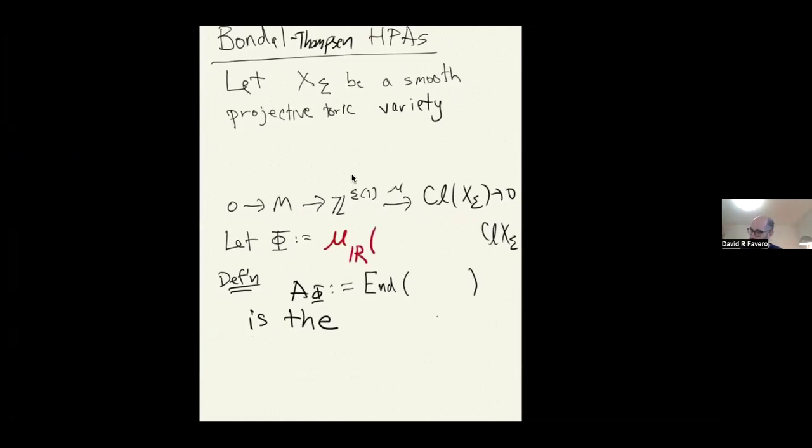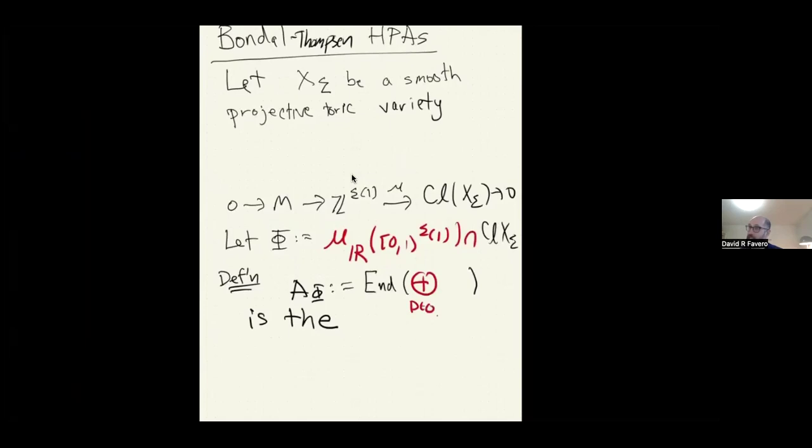So you can look at the image of the set of cubes, of the unit cube at 0, and look at the endomorphism algebra of the sum of all things in that unit cube at 0.